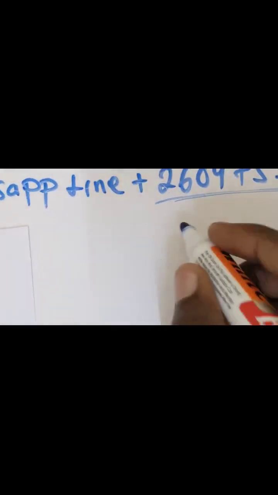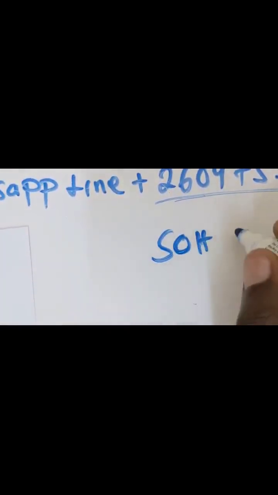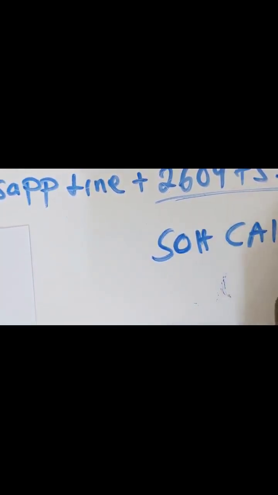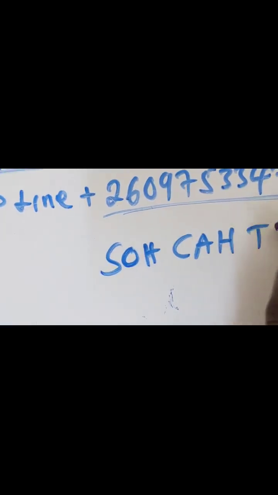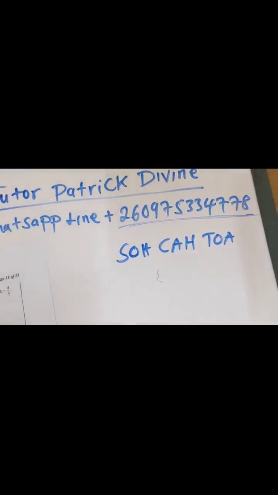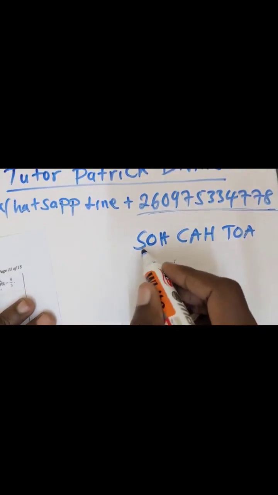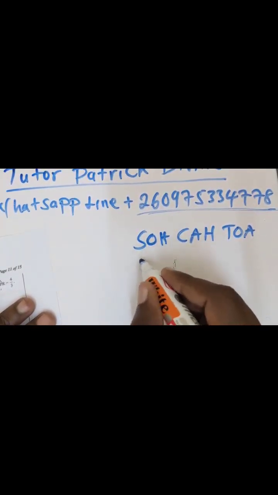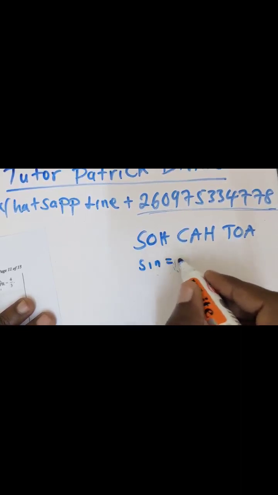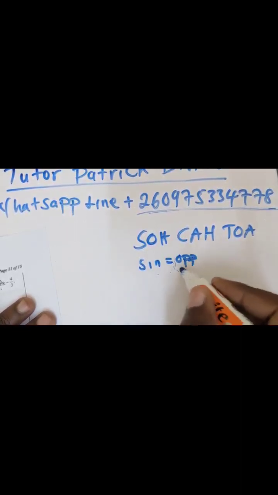We said SOHCAHTOA. So they are saying that we should use sine. Sine theta is equal to opposite over hypotenuse.